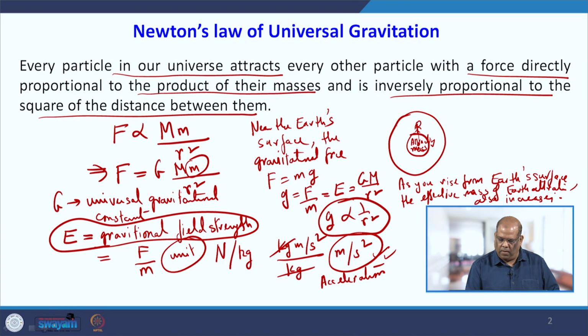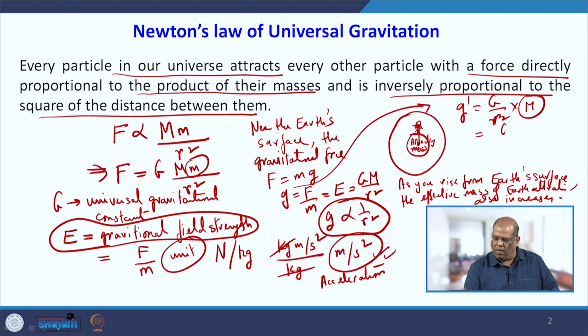So, if you now take a new g, that is equal to G by r square multiplied by M, where this M now increases as you move towards the surface of the Earth. This r is now the distance from the center to this current location.